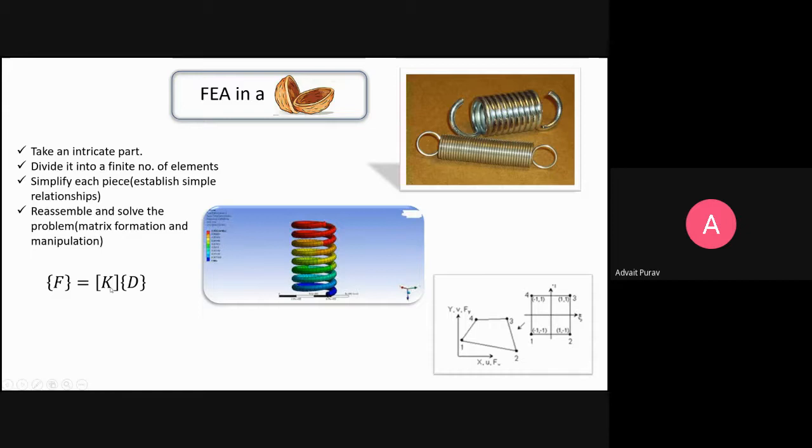K is the stiffness matrix, and the stiffness for each particular spring or element is a value that you know. In order to find out the deformation, you will just have to take the inverse of the stiffness matrix, and you will be able to compute the deformation at that particular element or throughout the spring.